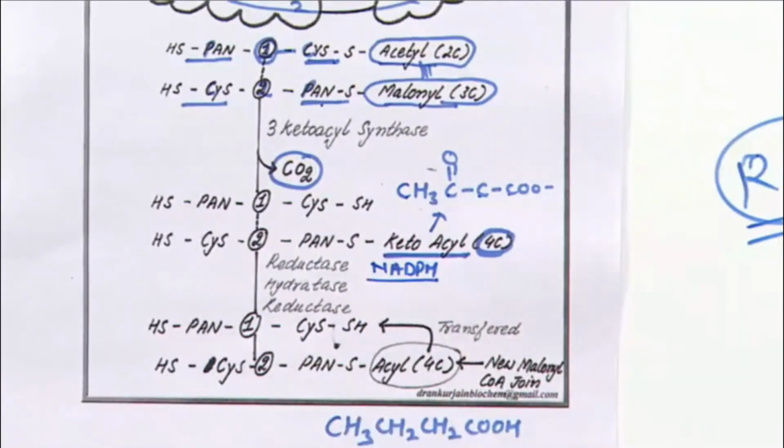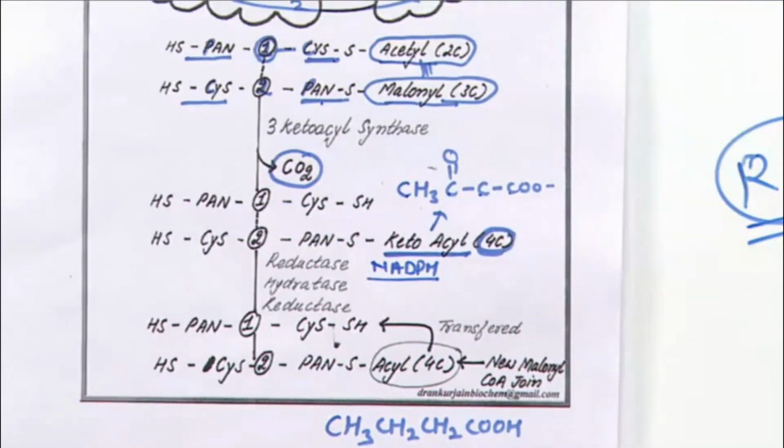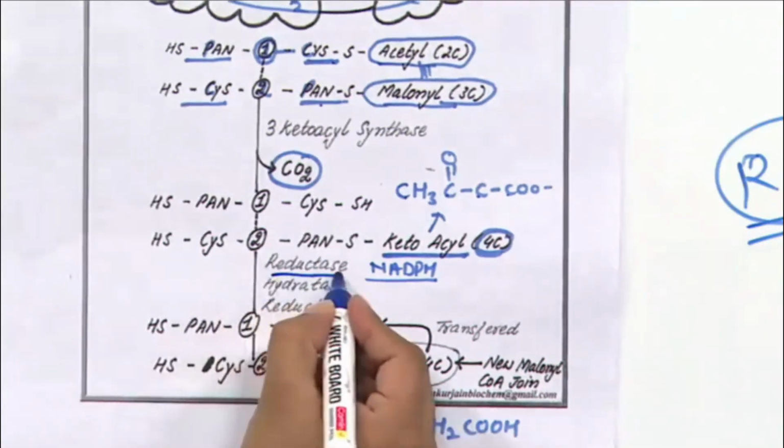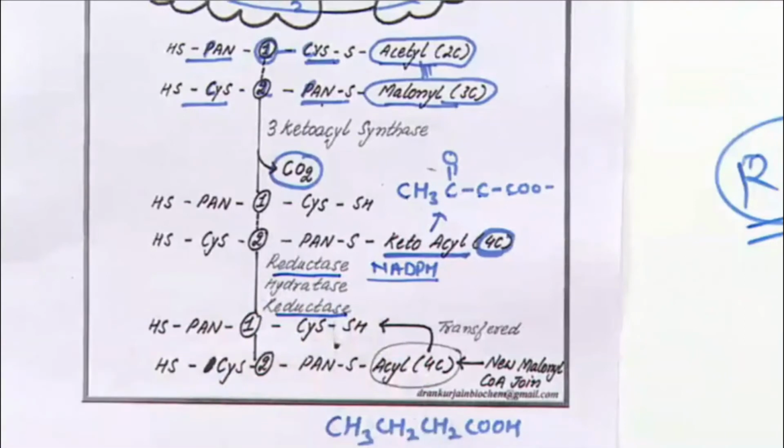The most important reducing equivalent is NADPH. So this reductase requires NADPH. A question was asked.